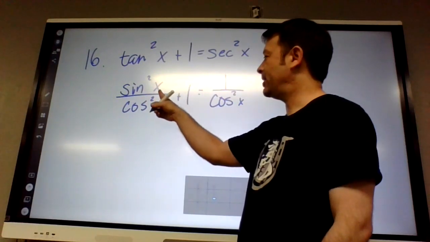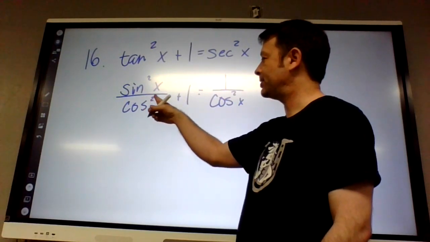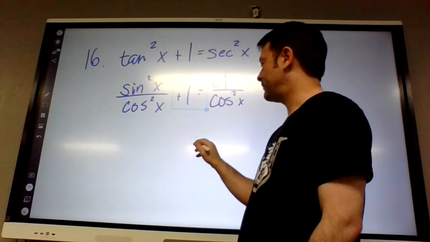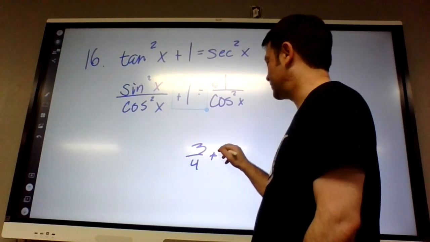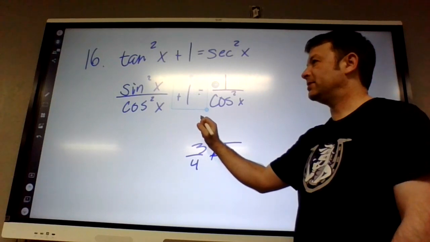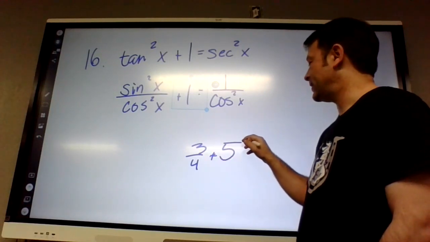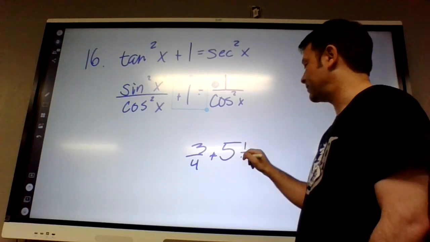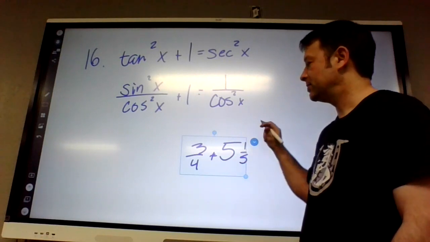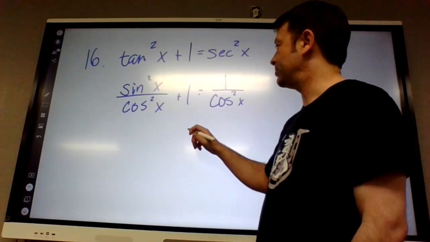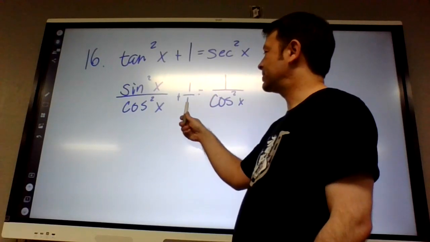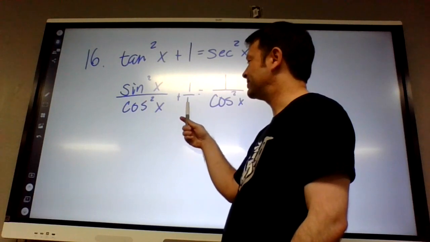Okay, how do we add fractions? To add a fraction to something, what do we need? Like if I was doing 3/4 plus 5, what do we need here? A common denominator. Well, how do I turn 1 into a fraction? 1 over 1. What's the common denominator going to be between these two?